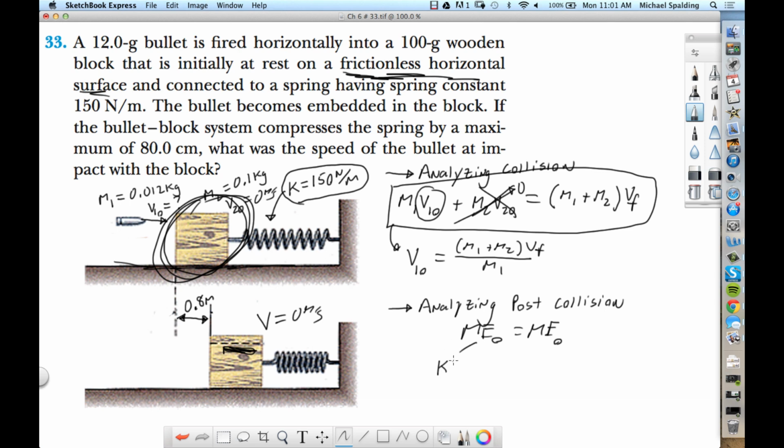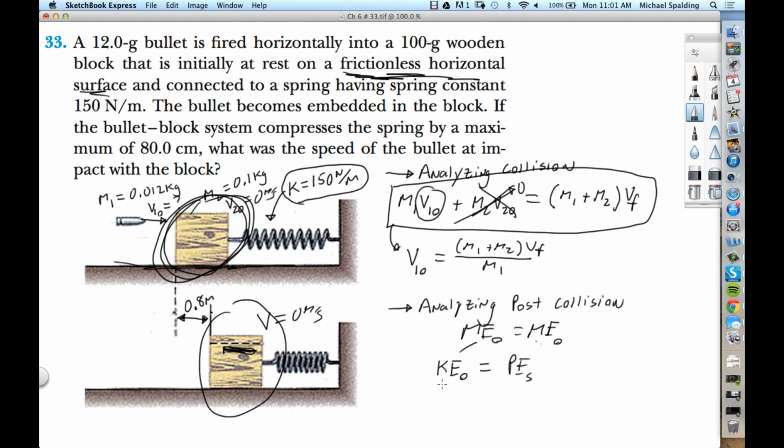What type of energy do we have right after the collision? Kinetic. What type of energy do we have when the spring is fully smushed? Potential of spring. So kinetic, 1/2 mv squared equals 1/2 kx squared.